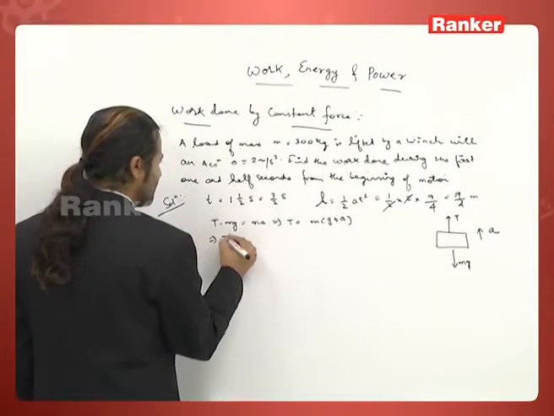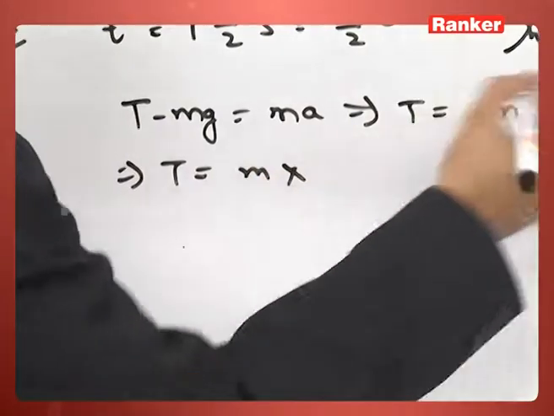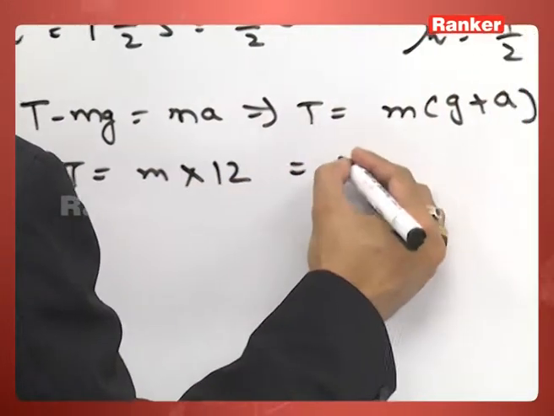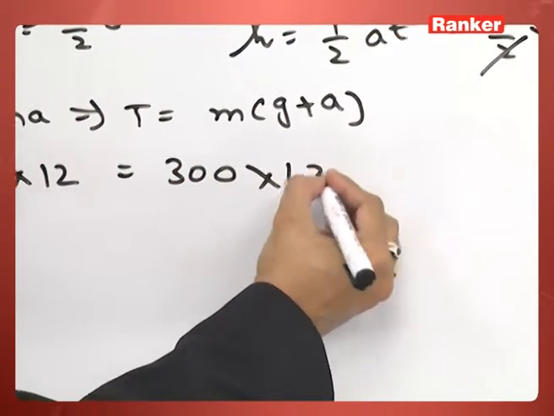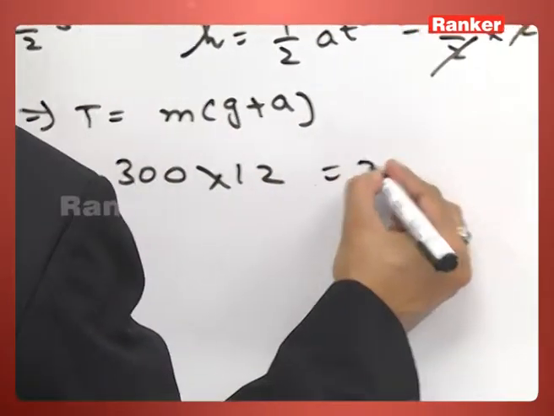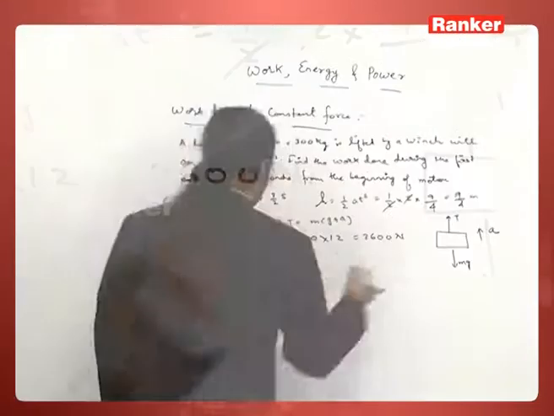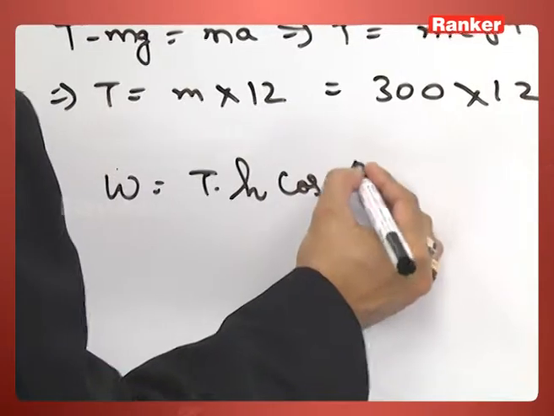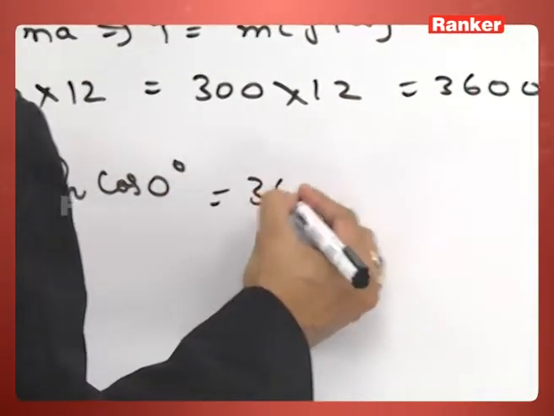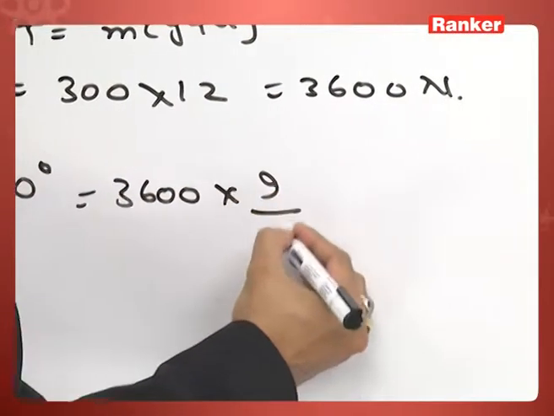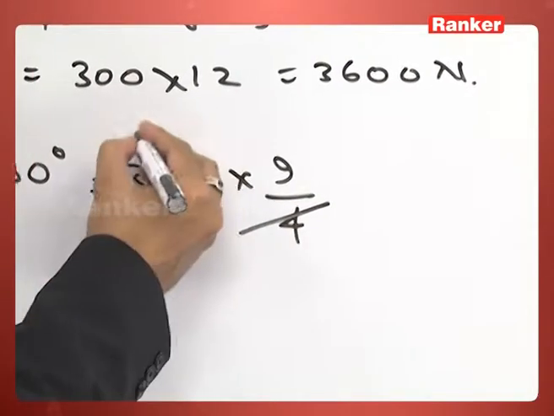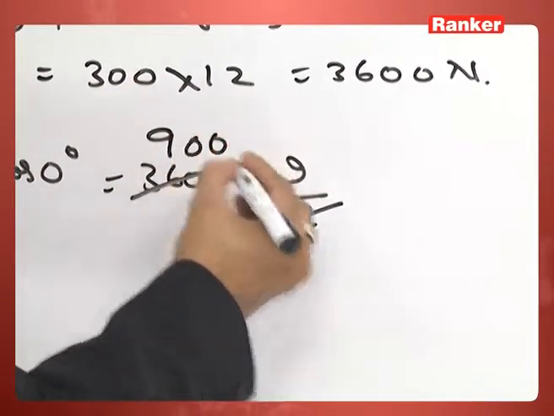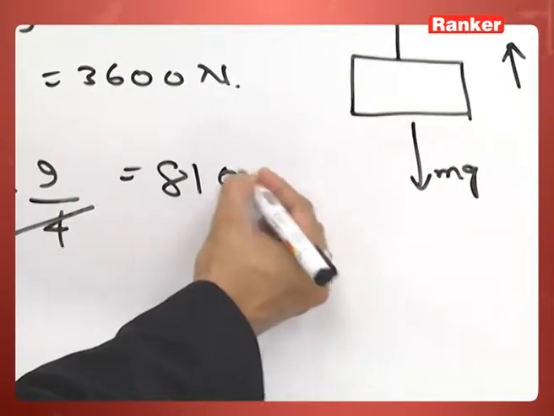So T is equal to 300 into 12, so this becomes 3600 Newton. So work done is equal to T into h, they are in the same direction, cos 0 degree, so 3600 into 9/4, so that is 8100 joule.